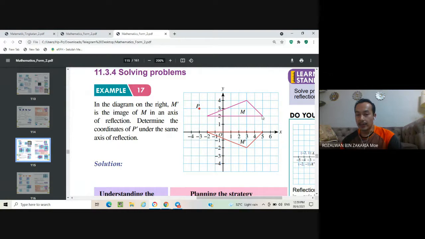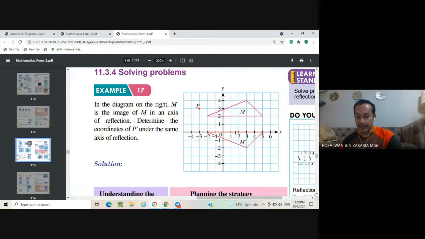After that, what to do? You have to calculate the distance from this point to this point. So how many? One, two. There are two boxes, or 2 units.